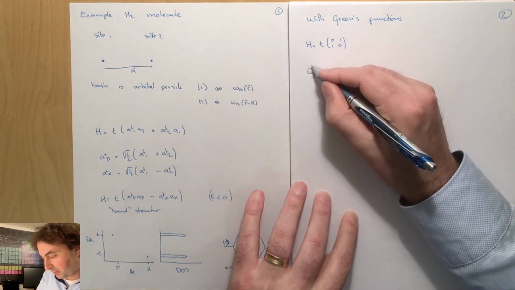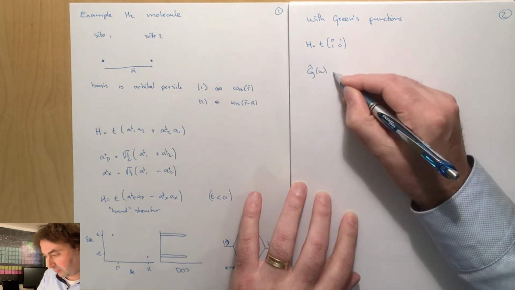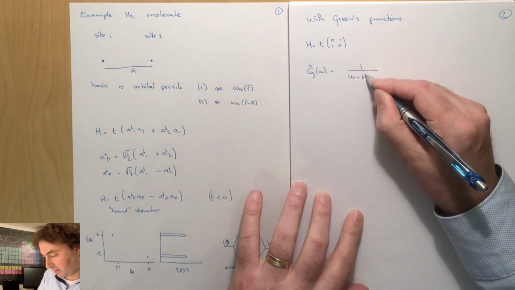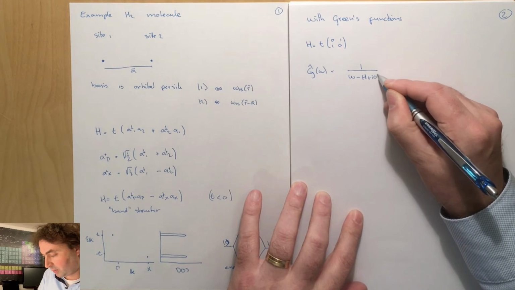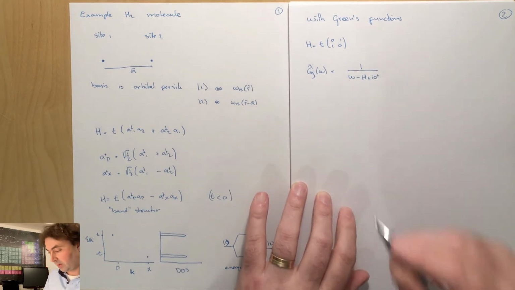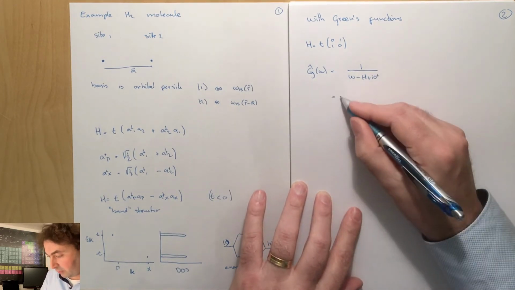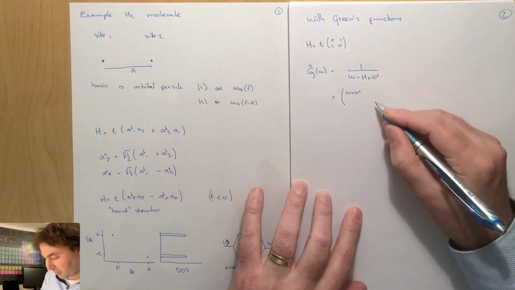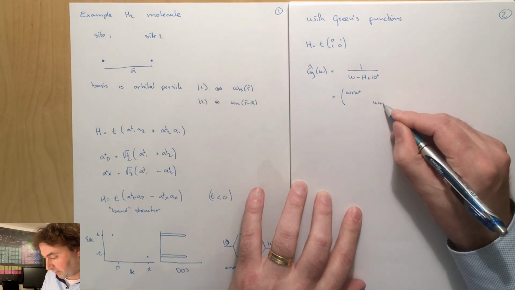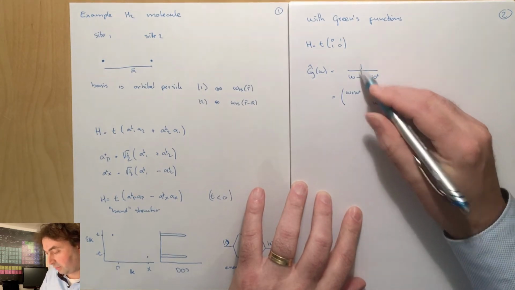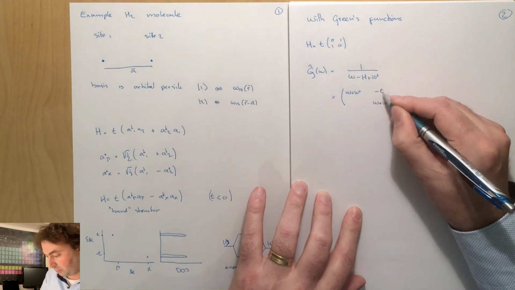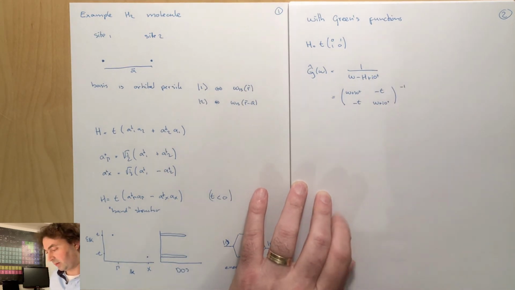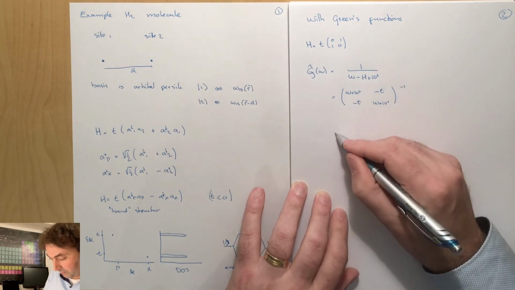Our Green's operator is given as 1 over omega minus the Hamiltonian plus i0 plus. And this is nothing else than a matrix inversion, where we have omega plus i0 plus on the diagonal, and minus the Hamiltonian, also minus t, off diagonal, and we need to invert this.